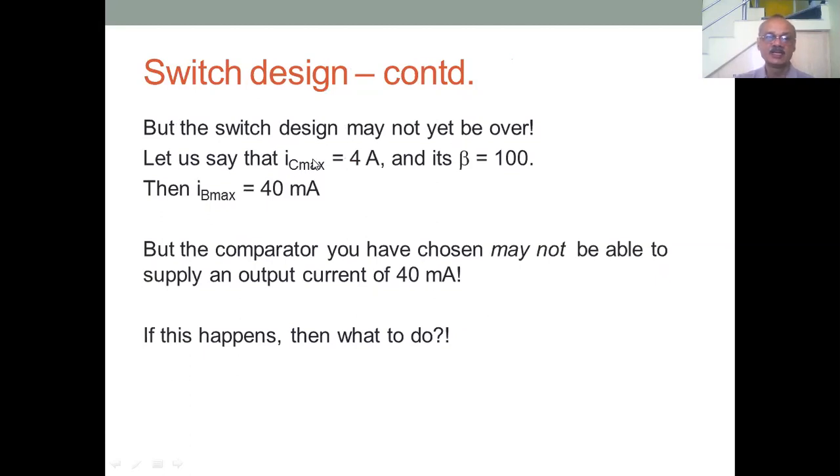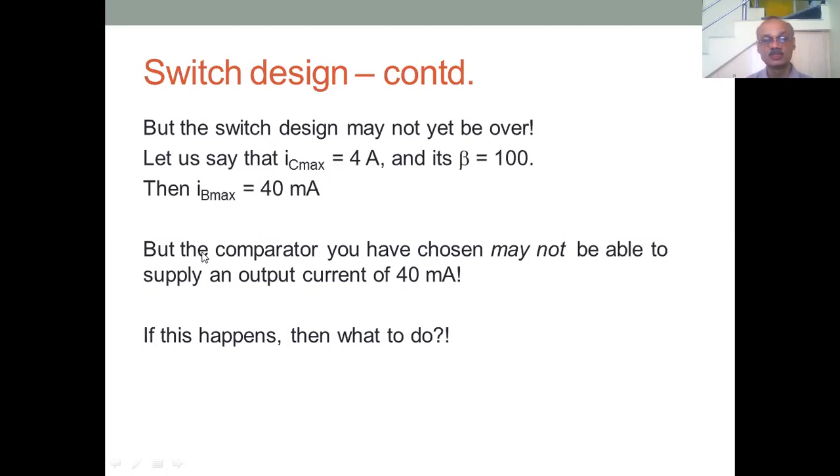Let us say that the maximum collector current you require for your circuit is 4 amperes, and let's assume that the beta of the transistor is 100. That means the base current required from the circuit is 4 amperes divided by 100, which is 40 milliamperes. 40 milliamperes is still a large current, and most chips, a comparator you're using is a chip, may not supply 40 milliamps of current.